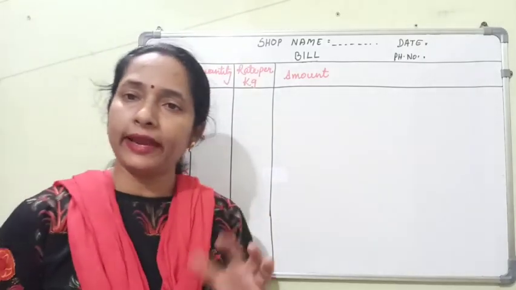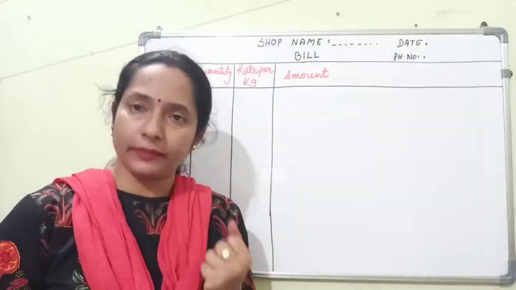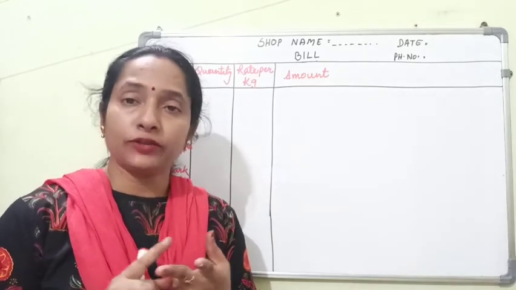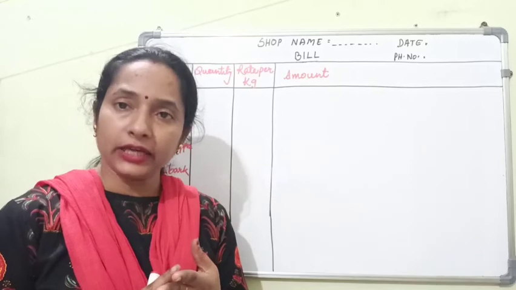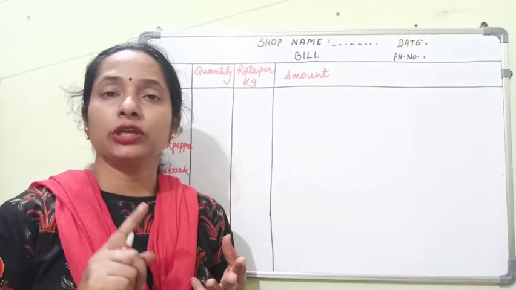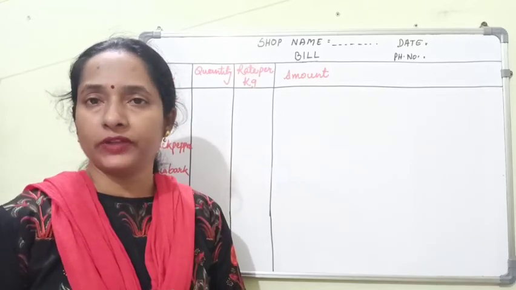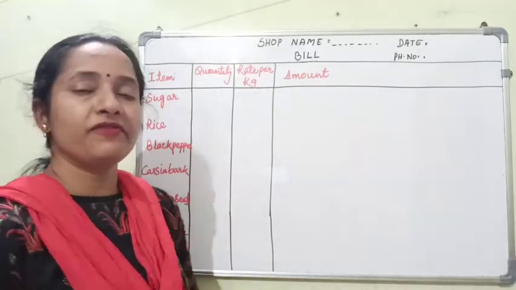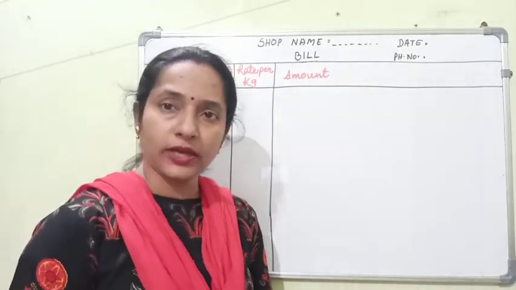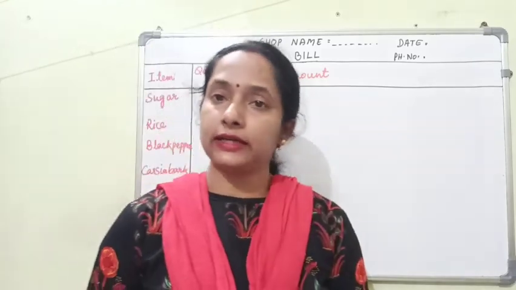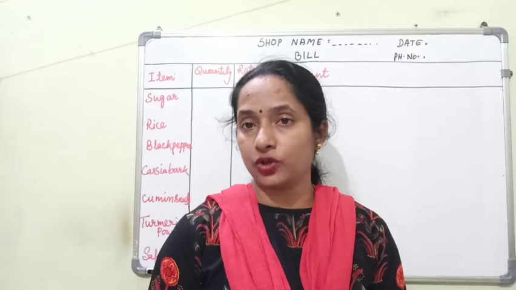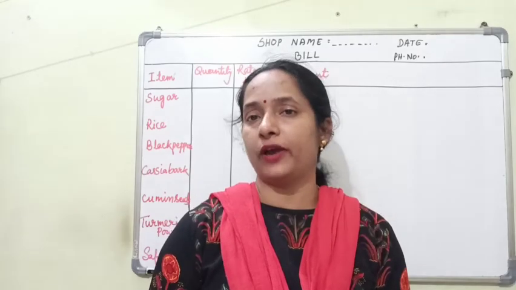Whenever you collect a bill from any shop, you find the name of the shop, the date on which you purchased, even the phone number of the shopkeeper. Along with this, you will find the list of the items purchased, the cost of each item, as well as the actual price of the item and the quantity of item bought.